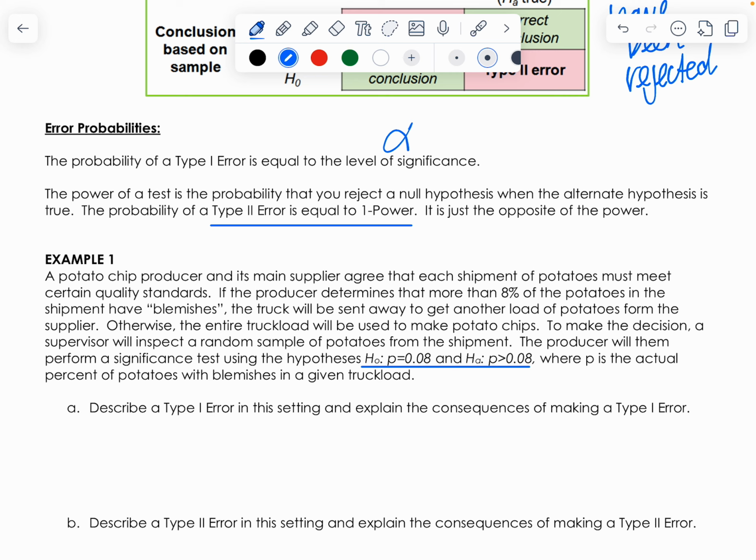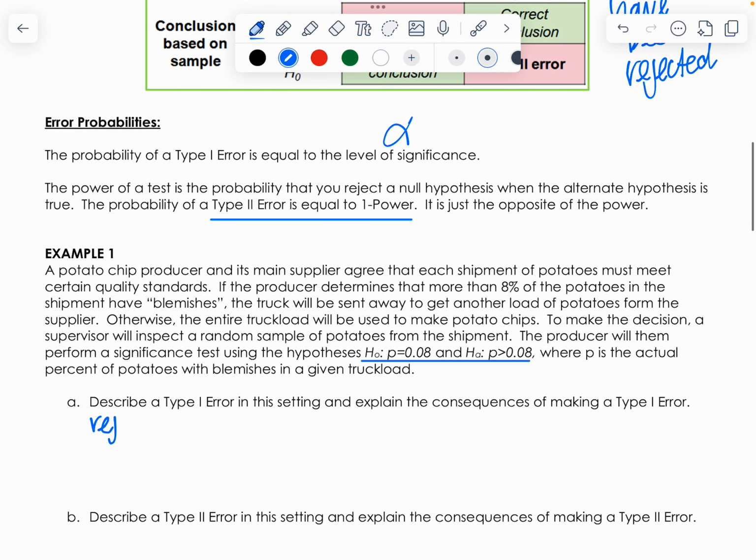Describe a type 1 error. So remember, a type 1 error is when we reject the null when it is true. I'm just reminding us, right? And so a type 1 error would mean we say that P is greater than 0.08.